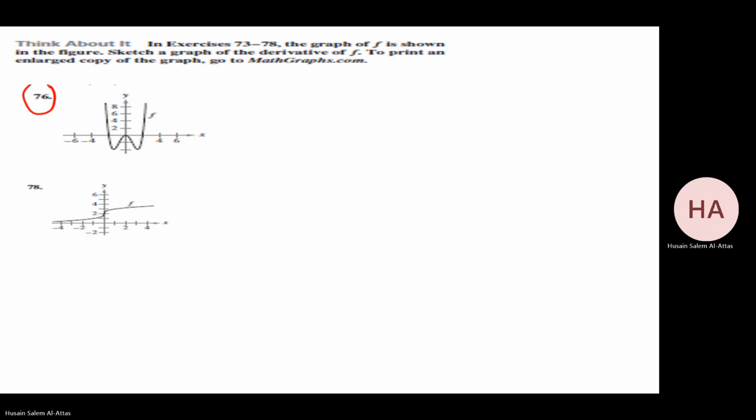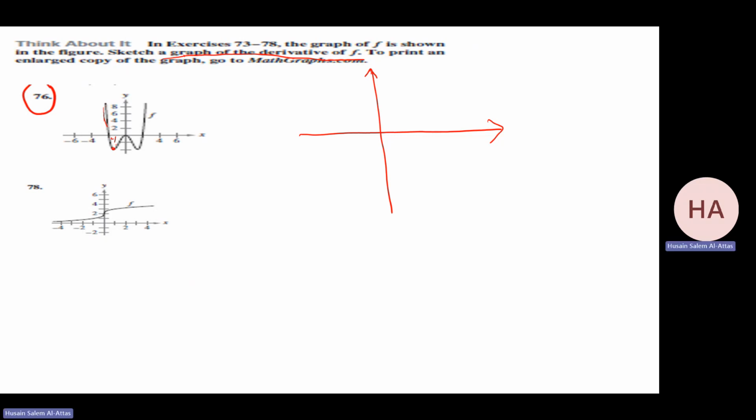Okay. I will just sketch the graph of the derivative for these functions. I want you to do what? Sketch the graph of the derivative of f. If you notice, before this point, which is -1, the function is decreasing. So the slope is negative here.